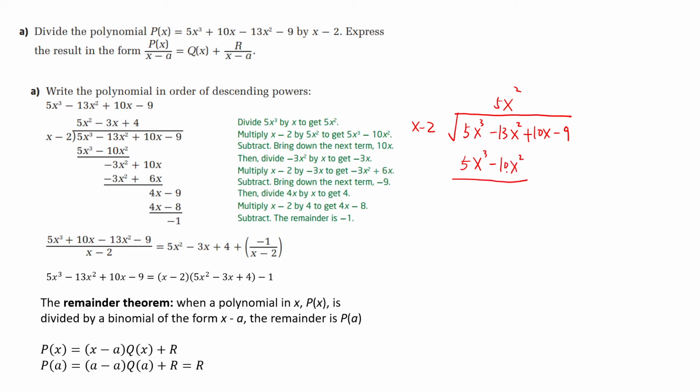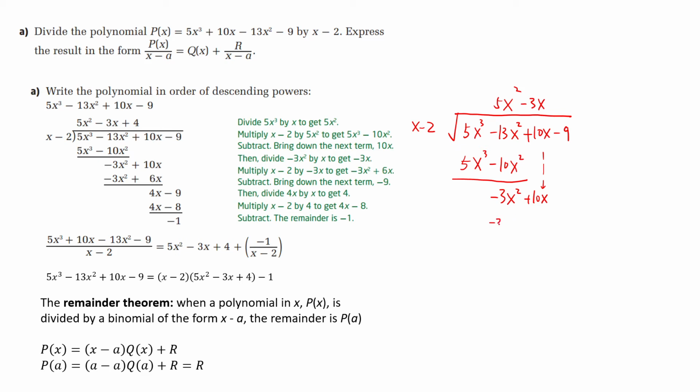Then do the subtraction, right? We get −3x², then put this down. And then just do the division step by step. The next one is −3x.